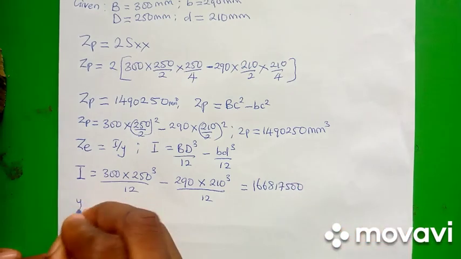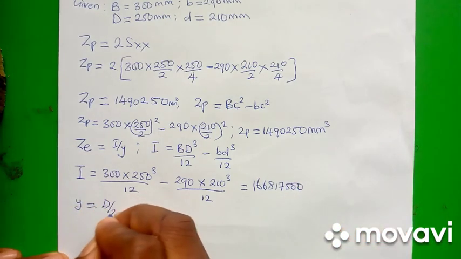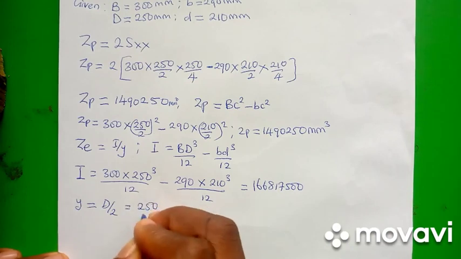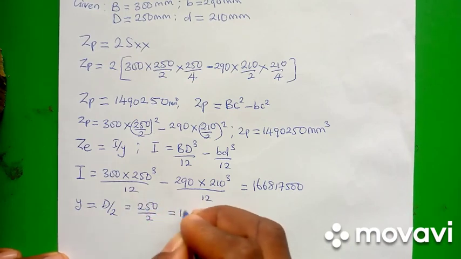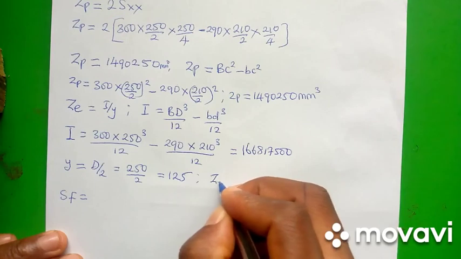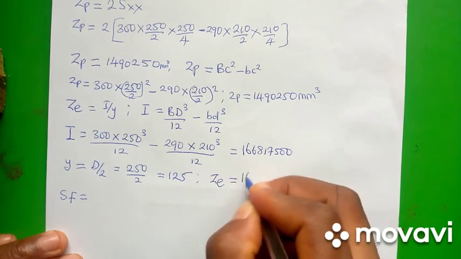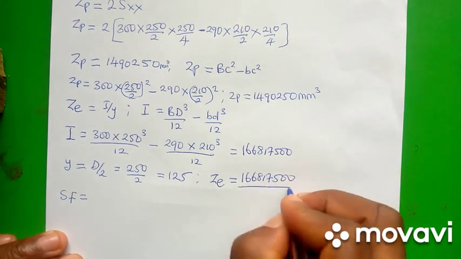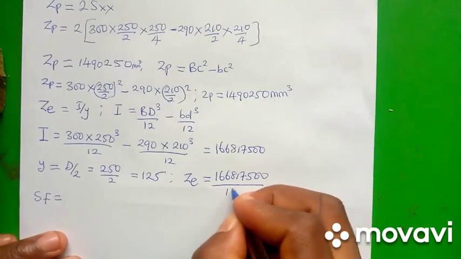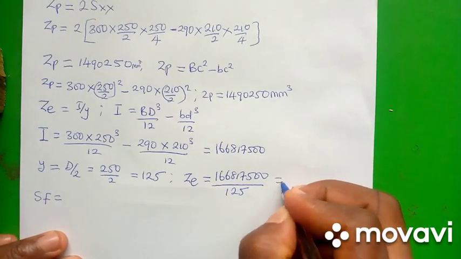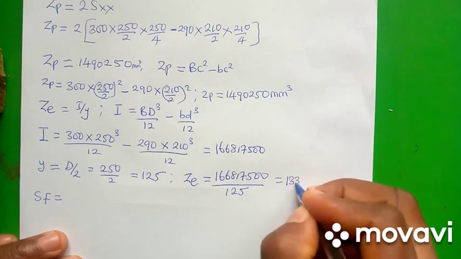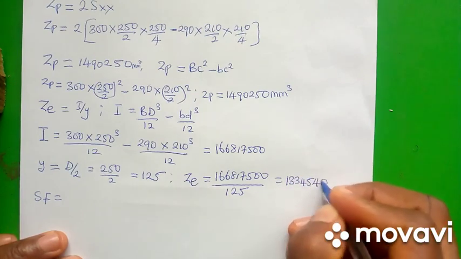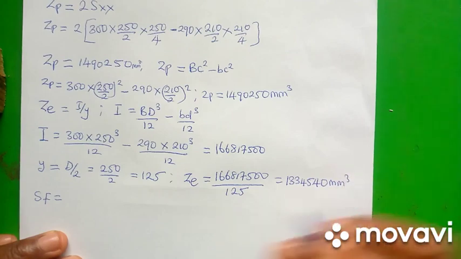166817500. Your y is equal to d over 2, and your d is 250, so 250 all over 2. That will be 125. Therefore, elastic modulus will be equal to 166817500 all over 125. That will give us 1334540 millimeter raised to power 3.